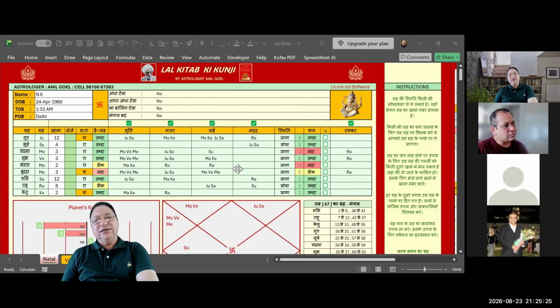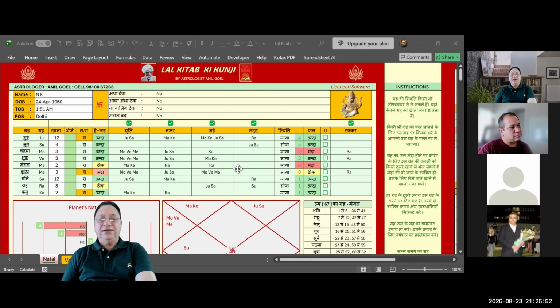But what happens is that Lal Kitab was written in a way to make concise use of Vedic astrology. Because Vedic astrology is so wide and so vast, it became very difficult for people to understand, correlate and actually predict with it, unless they did years of work on that.